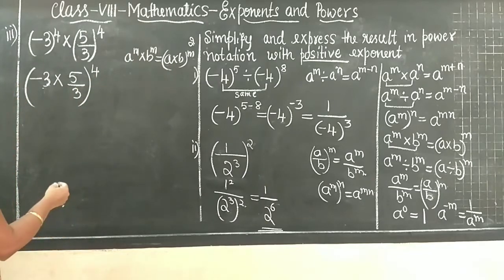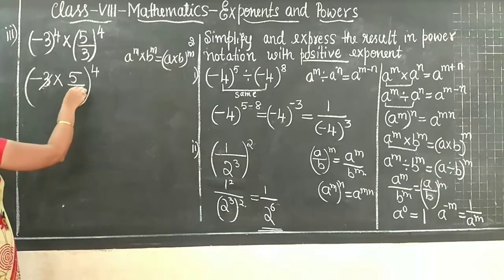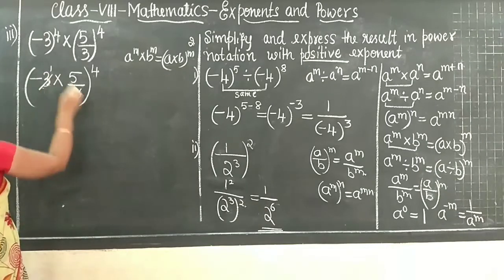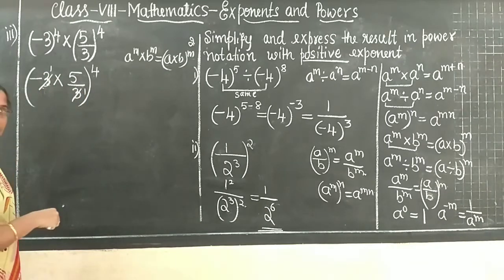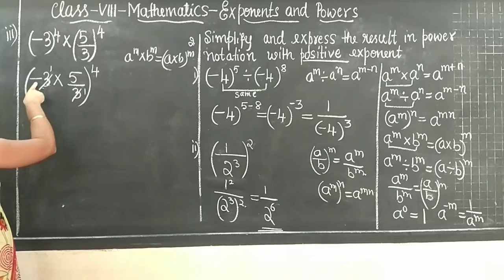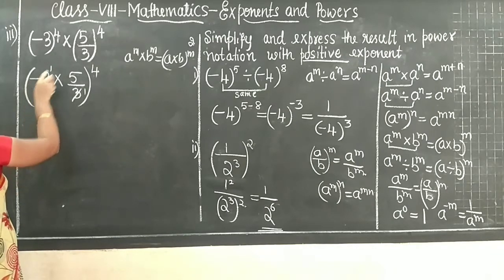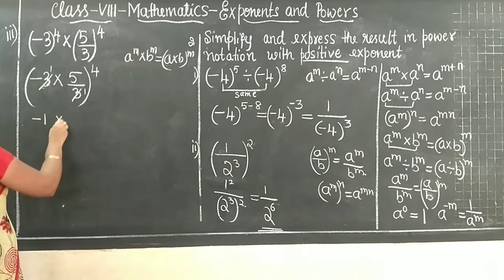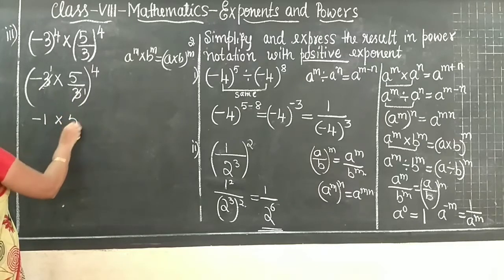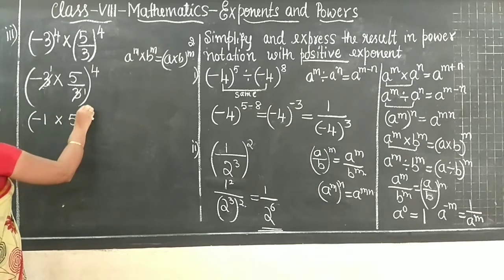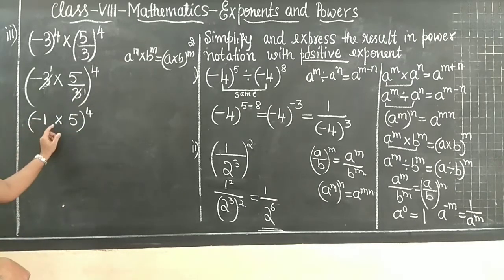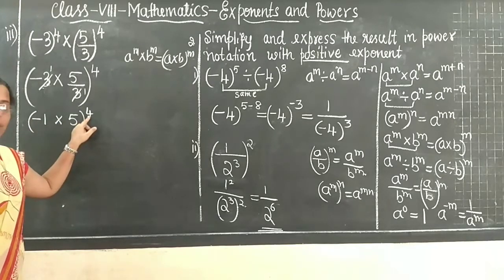Enough. So now it will become 3 ones are 3, 3 ones are 3. Will you agree? Yes. So then children, who is remaining there? Minus 1 into 3 cut, so who is remaining? 5 whole to the power 4. So it is becoming like this: minus 1 into 5 whole to the power 4.